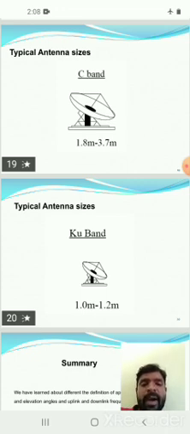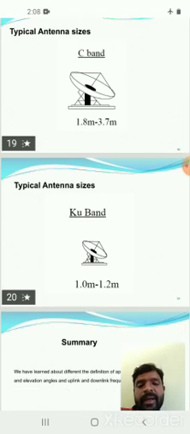For Ku band, the antenna diameter is 1 meter to 1.2 meters. By observing these two diagrams of C band and Ku band, C band is 1.8 to 3.7 meters and Ku band is 1.0 to 1.2 meters.